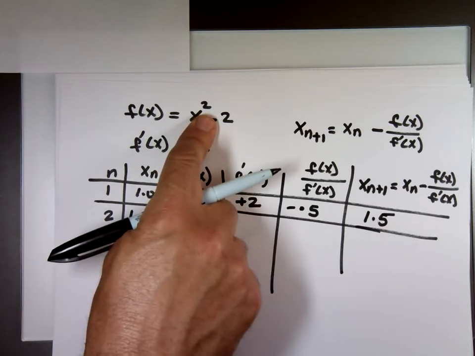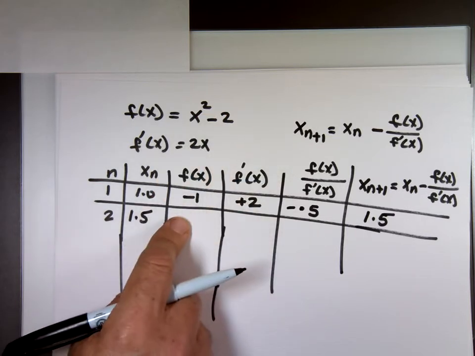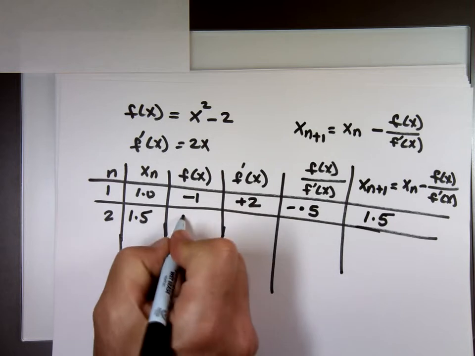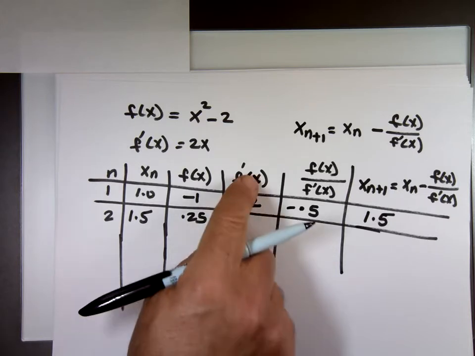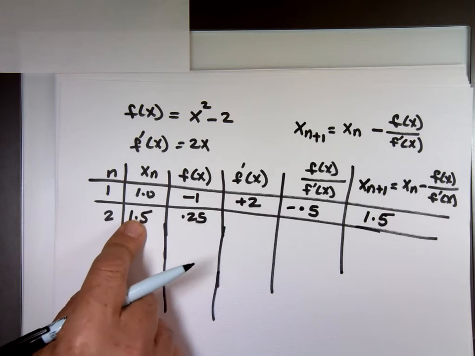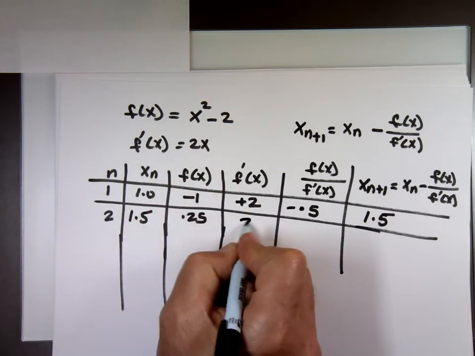1.5 squared is what? 2.25 minus the 2, that's 0.25, right? Close, but it's not yet there. What is the derivative at 1.5? What's 2 times 1.5? Is that a 3?